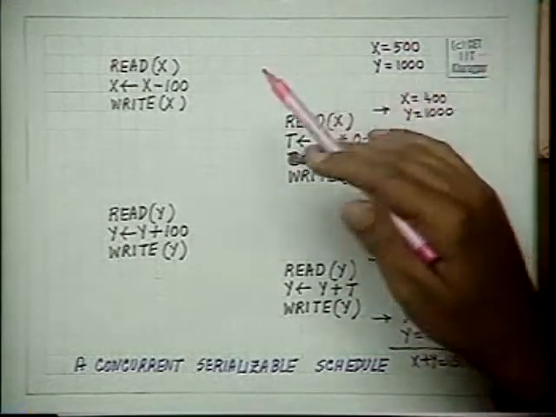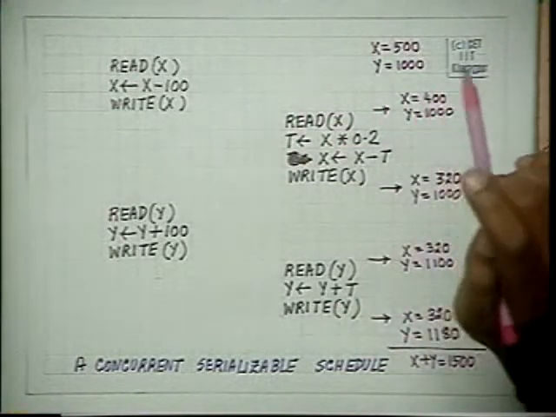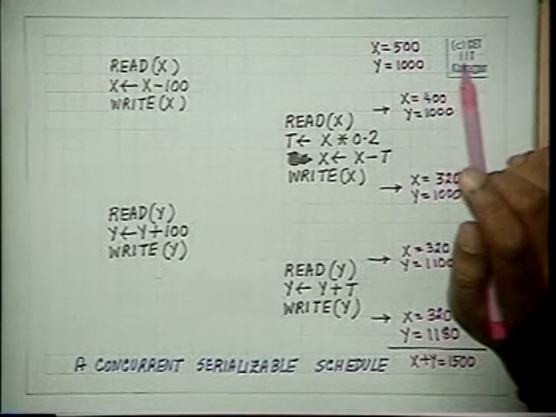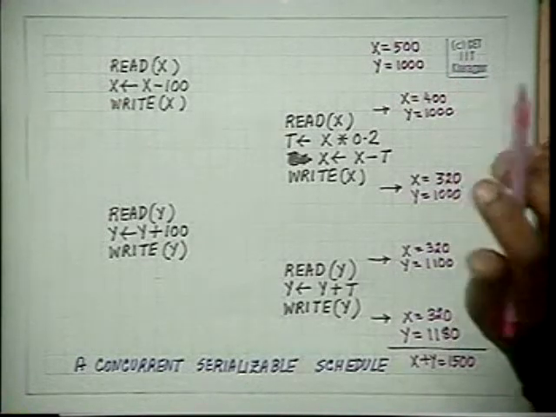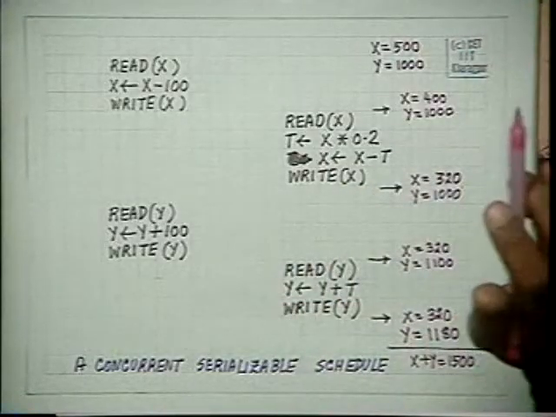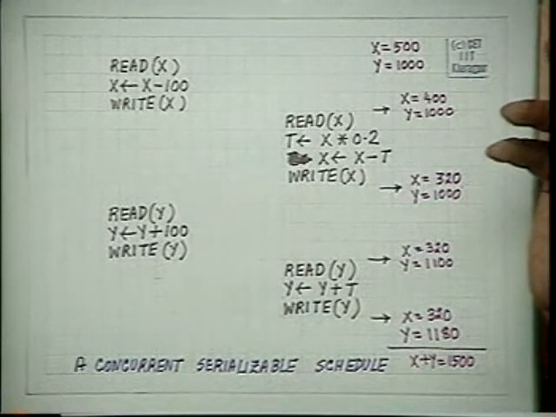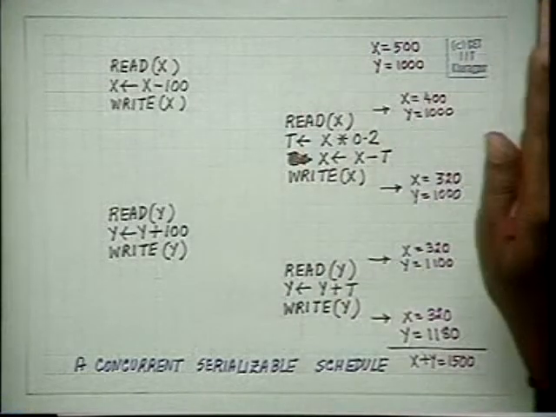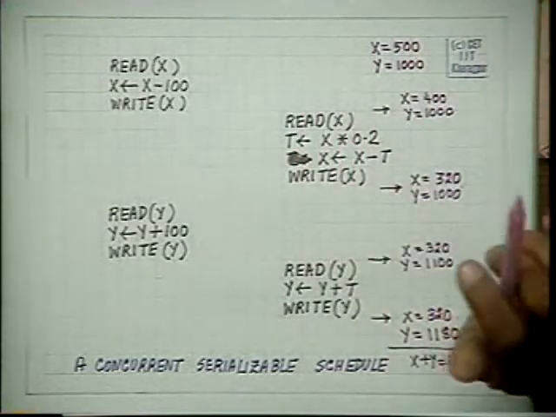Now among these, there is a consistency criteria. The consistency criteria says that when two transactions are executed concurrently, then x plus y should remain the same. That is the consistency criteria of each of them. Whatever be the result, I don't care, but this consistency criteria must be maintained.